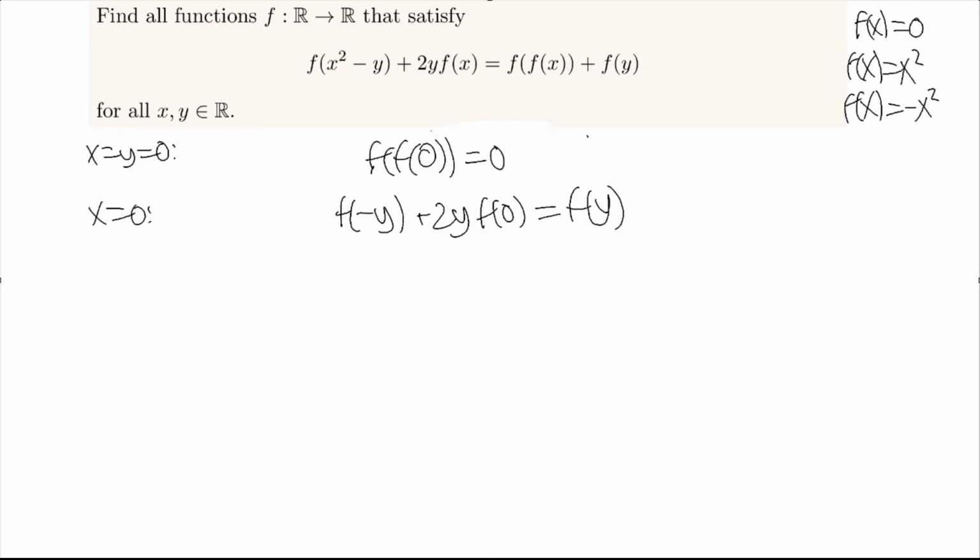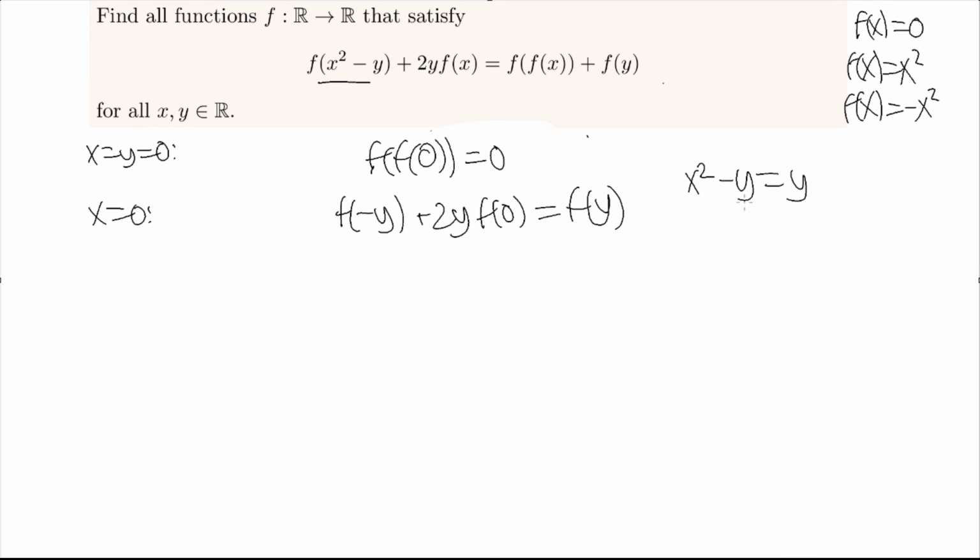So one thing to remember is when we plugged in x equals y equals 0, this term here and this term here canceled out. So we want to see if they can cancel out in a more general case. So we want x squared minus y to be equal to y, because then these two arguments would be equal and we'd be fine.